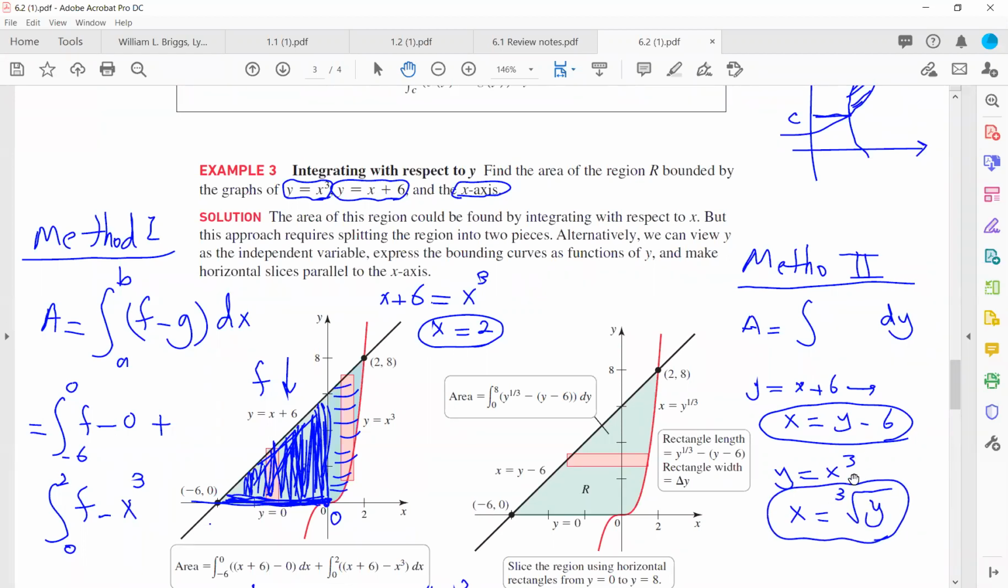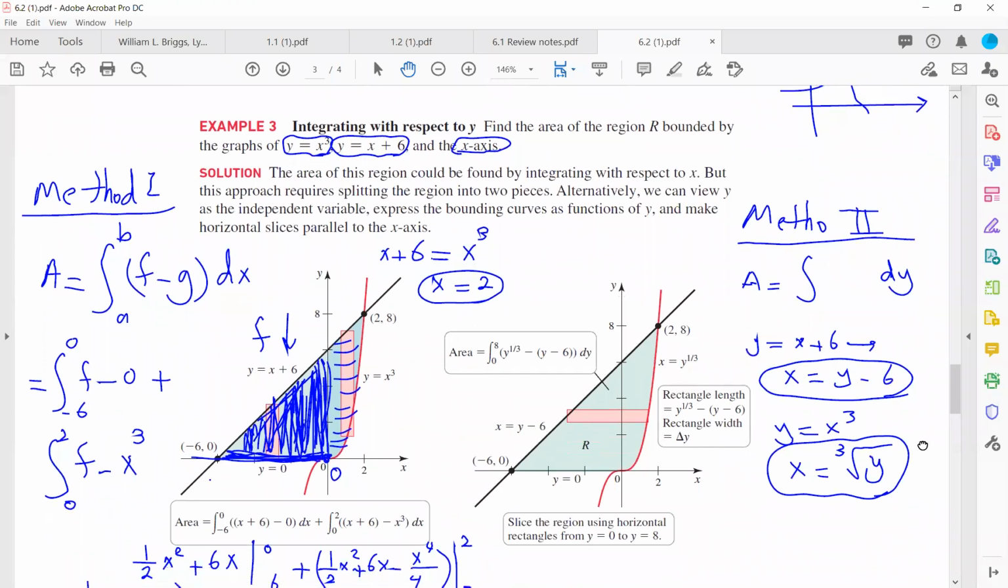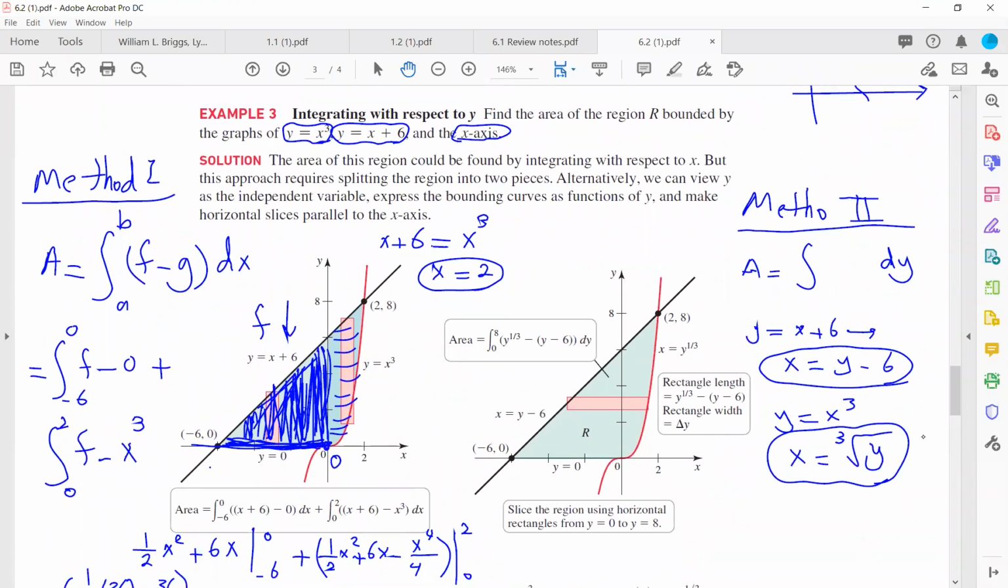First of all, you have to rewrite the functions in terms of y. And as you can see, your y ranges between 0 and 8. It makes it much easier.